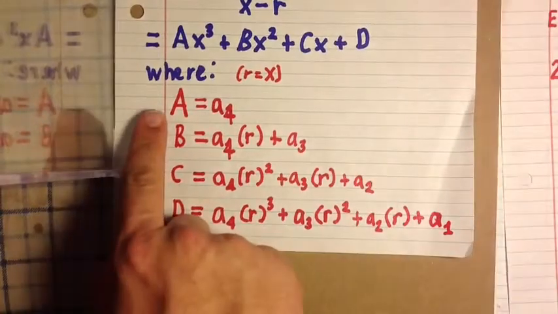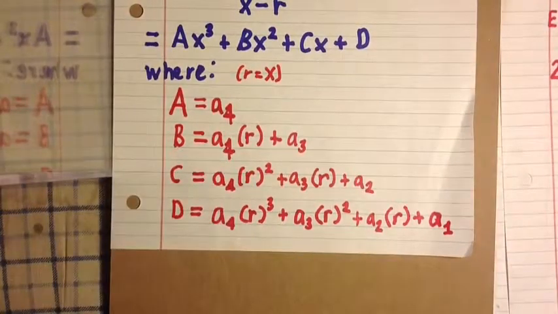Recall that capital A is equal to A4, capital B is equal to A4 times R plus A3, capital C is equal to A4 times R squared plus A3 times R plus A2, and capital D is equal to A4 times R cubed plus A3 times R squared plus A2 times R plus A1.